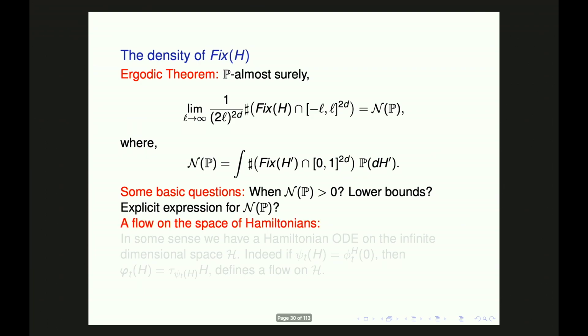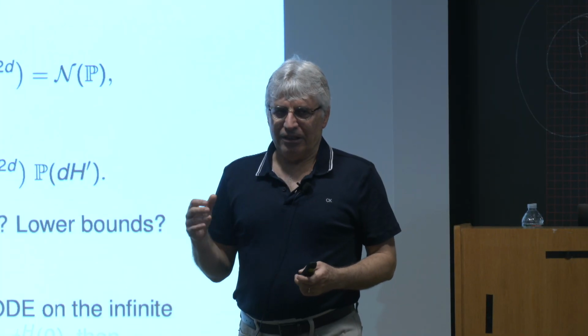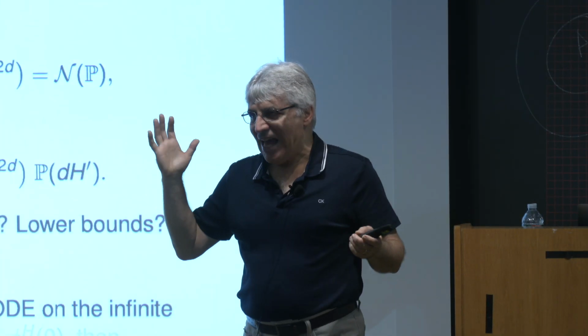And is there a natural lower bound? This is the thing that I remember I learned from Raghu when I was a student. It turns out that you should think of this as some Hamiltonian ODEs on the space of Hamiltonians. The way to think about it is that this Hamiltonian, you should think of it as the environment. In fact, you can write down examples of random Hamiltonians that look like Lorentz gas.